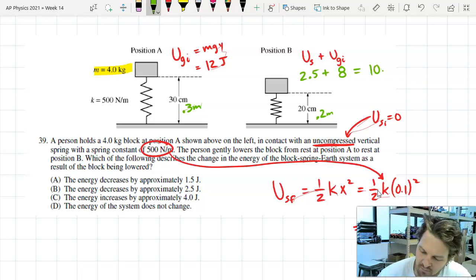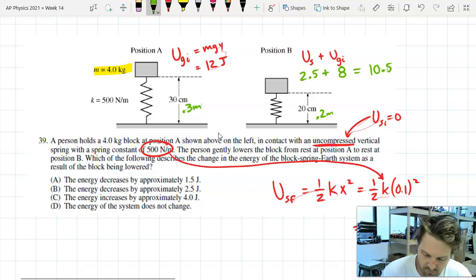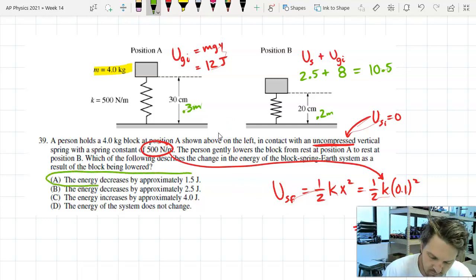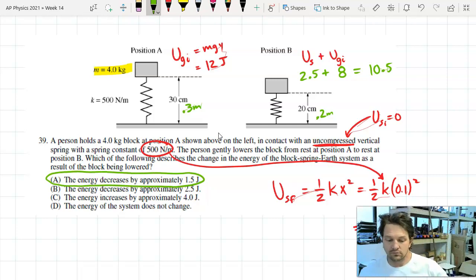That means we have 10.5 joules of energy. Right? Originally, we had 12. So we've lost 1.5 somewhere along the way. I don't know how. I don't know why. But it is what it is.